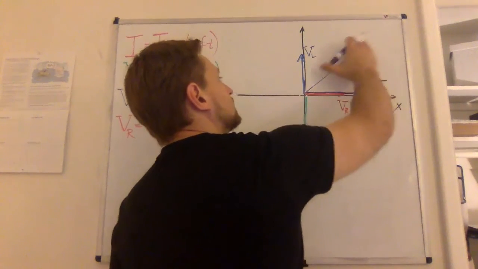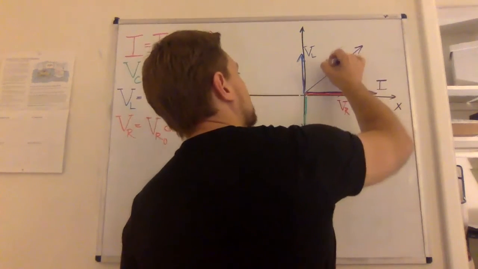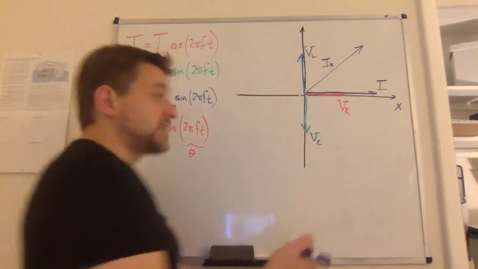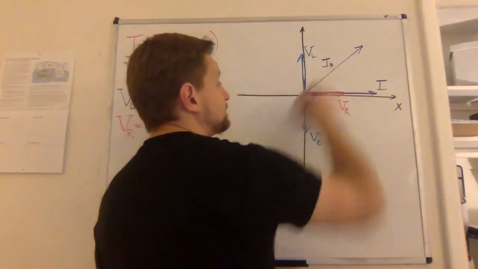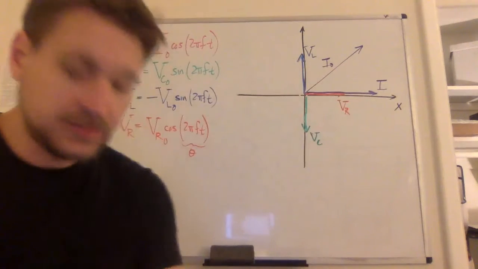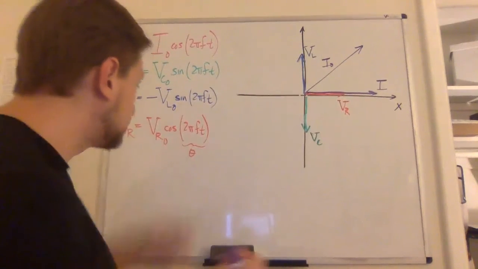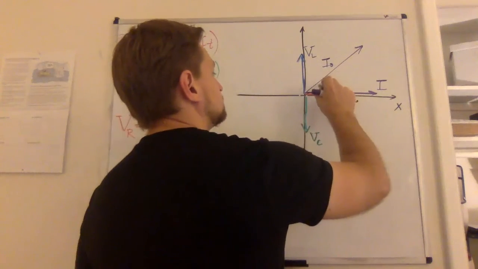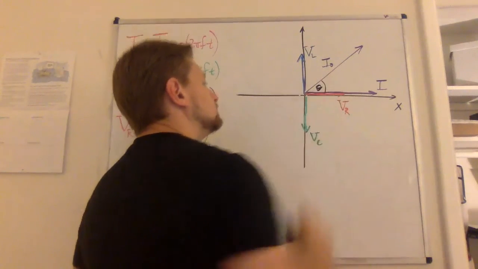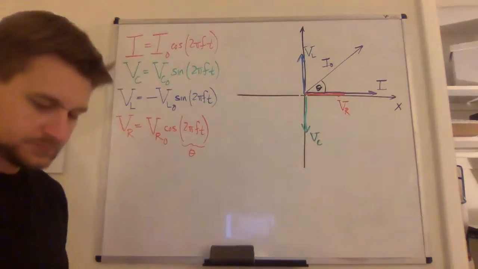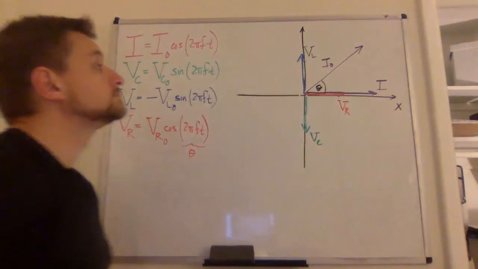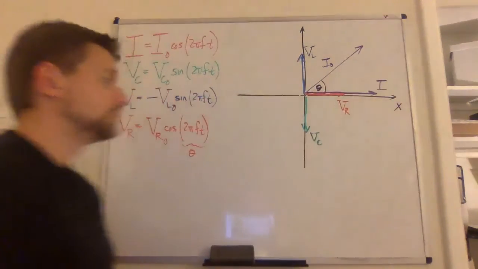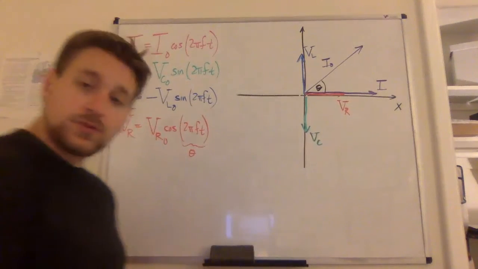This length is I0, the hypotenuse of this triangle that you're already thinking about. The angle that we're talking about is theta, or 2 pi ft. So it's all the x coordinates that we care about.